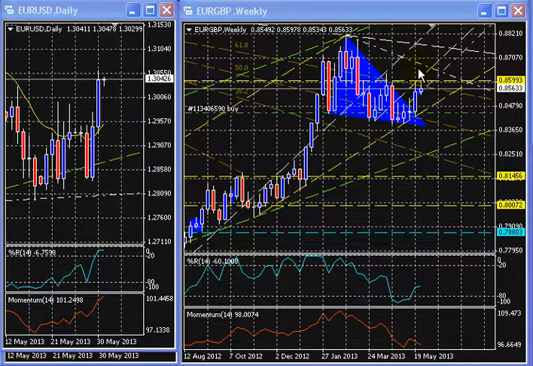However, that particular movement will still be the target, where it would be on a channel formation downwards in the medium term outlook. But for now, we remain positive, and hopefully this analysis and support for the outlook for the euro pound as well as the US dollar index would provide some insights to your trading.